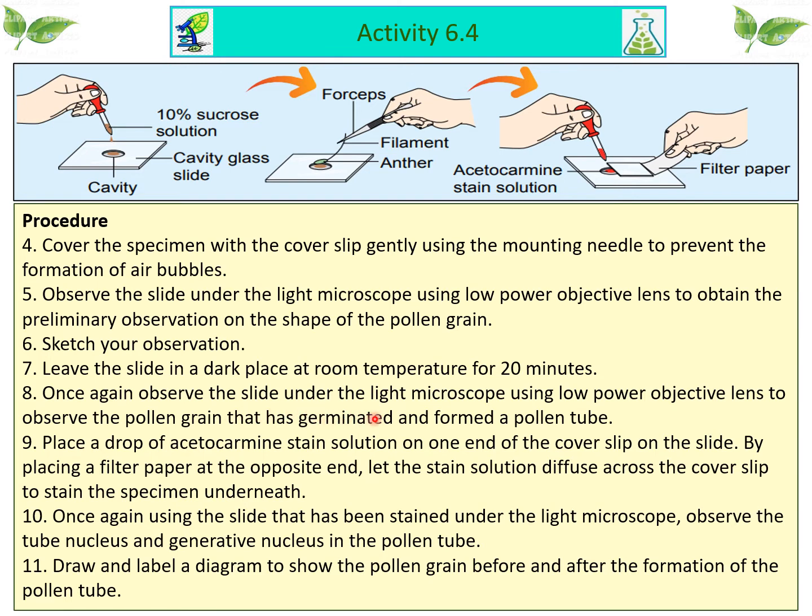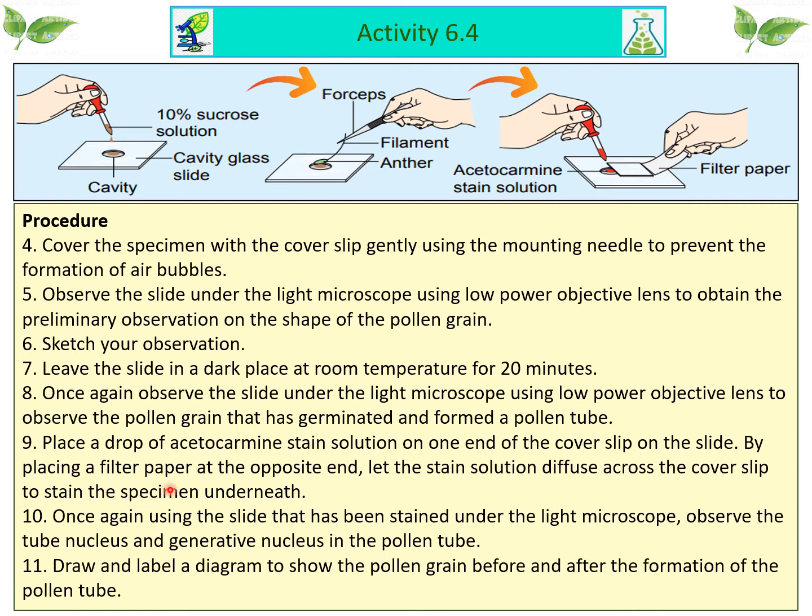observe the slide under a light microscope using the low power objective lens to observe the pollen grains that have germinated and formed pollen tubes. Number 9, place a drop of acetocarmine stain solution on one end of the cover slip on the slide.